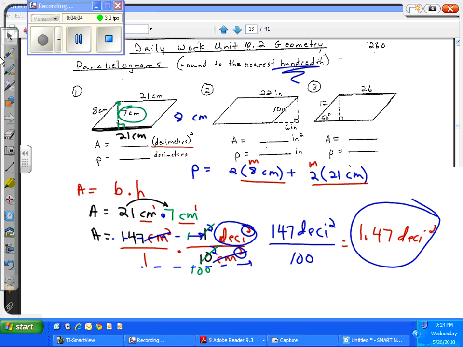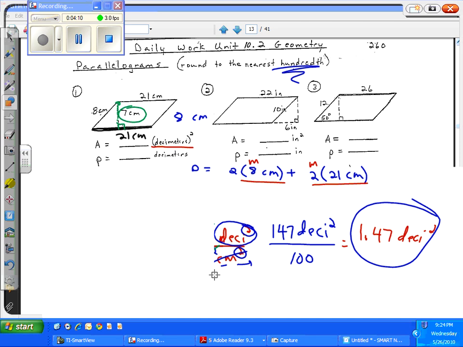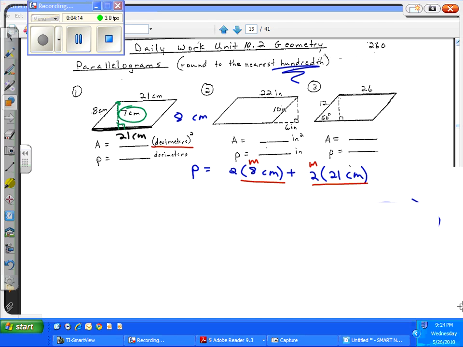Now I'm going to white out my area stuff just to move it out of my way. So we're going to have perimeter is equal to 16 centimeters plus 42 centimeters.